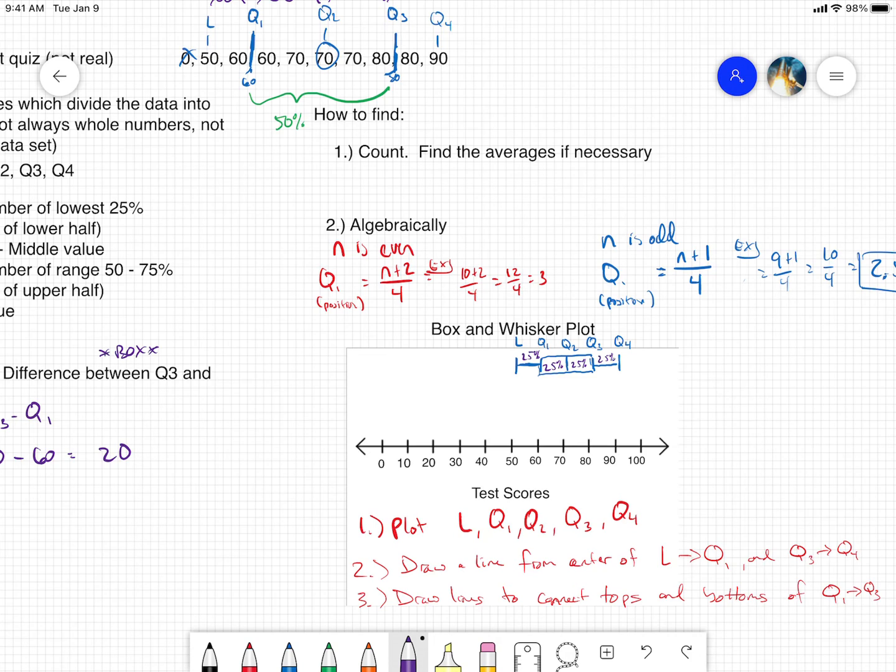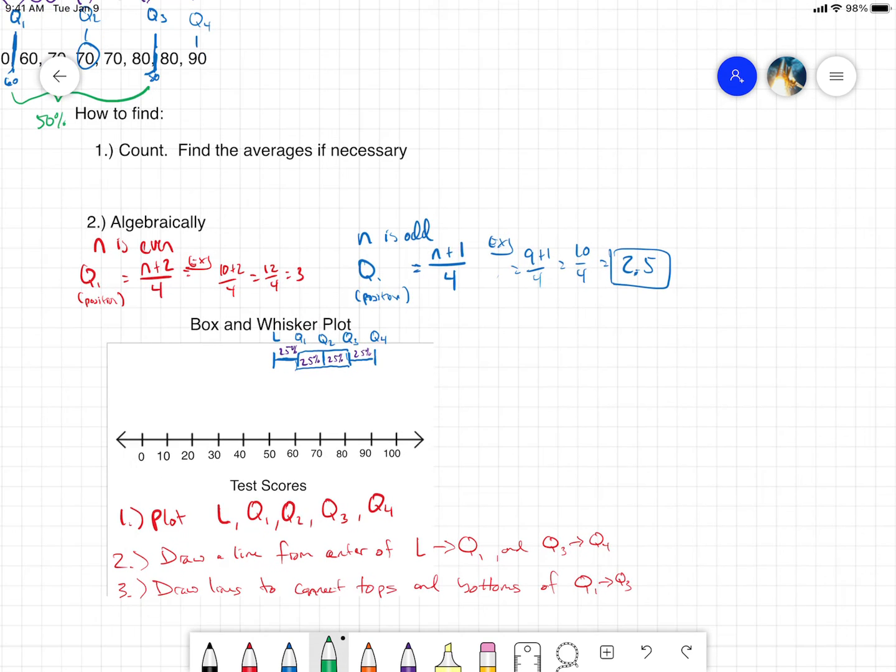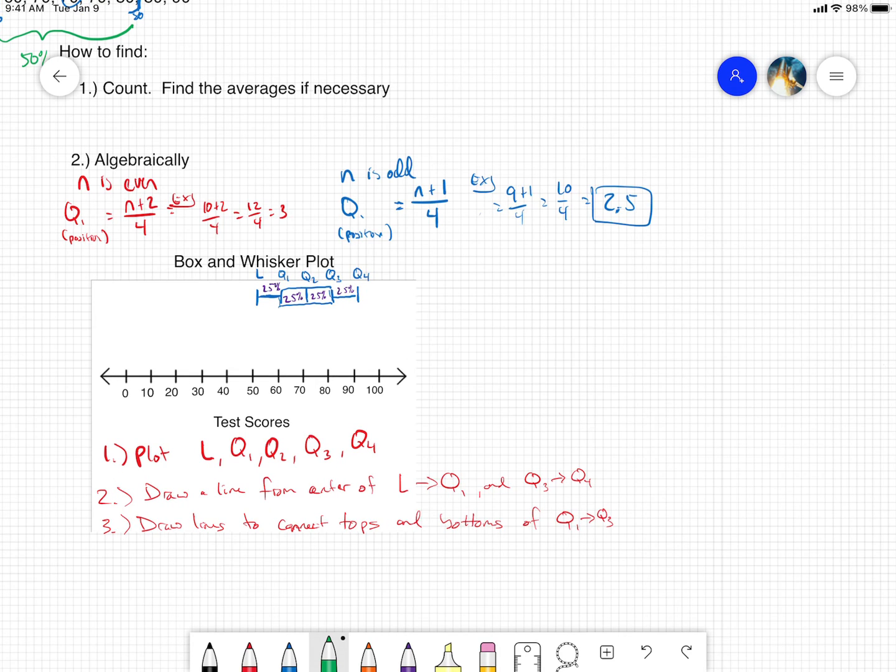Okay? But now let's compare if we actually included 0. If we actually included 0, then what I'm going to do over here is recreate our data points, and find out our 5-number summary. Okay?